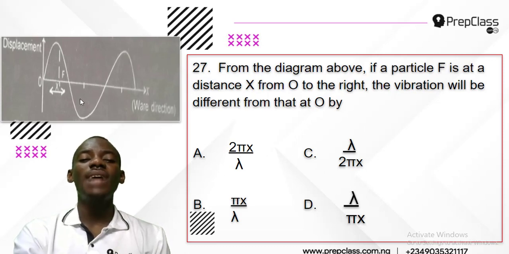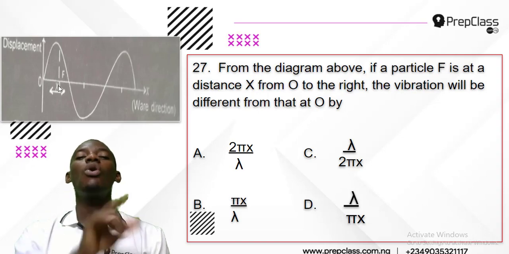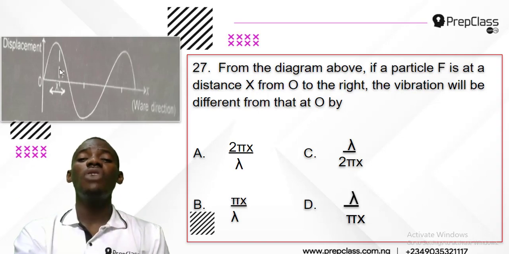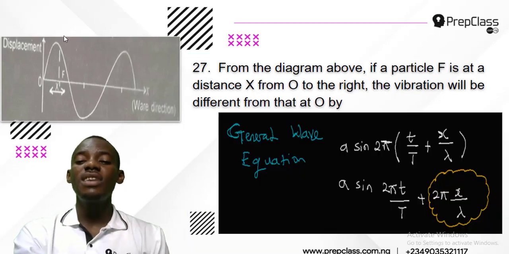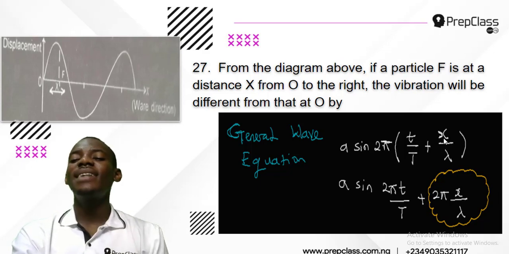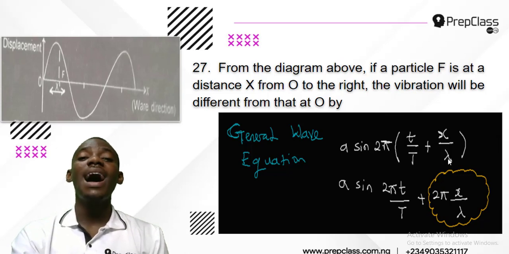For anything on a wave, I told you that x means horizontal distance. Now you need to check your equation of wave for the aspect that has to do with horizontal distance, and this is the equation of wave: A sine 2 pi t over T plus x over lambda, right? x means horizontal distance, A is amplitude, t is time, capital T is period, and lambda is wavelength. Since you were told x, you have to find the aspect that has to do with horizontal distance.